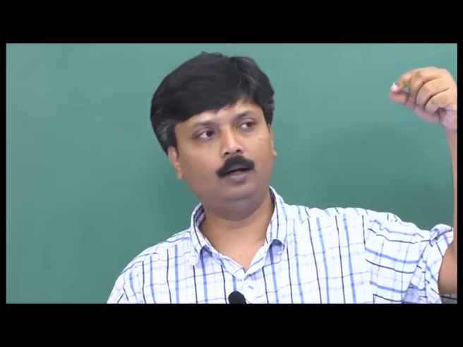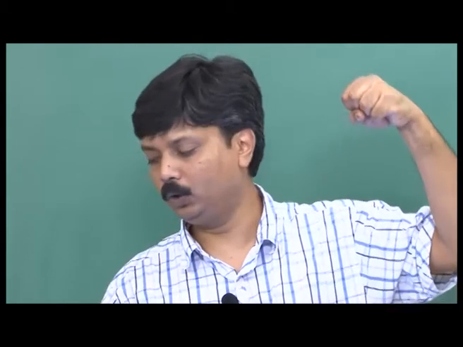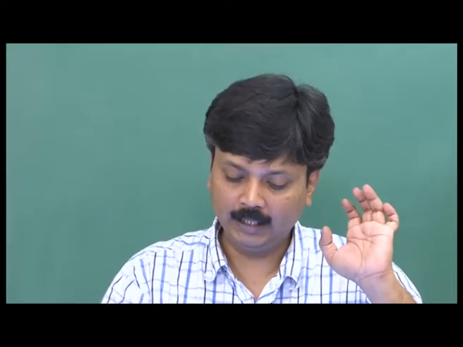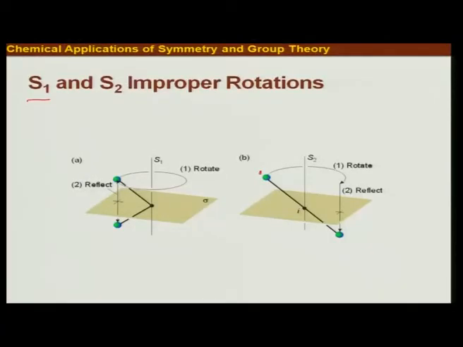So essentially these two operations invert the position of the object which we started with. That means it will have a center of inversion. So S2 is necessarily inversion, which is shown here. We start from this particular point, give a 180-degree rotation, and then reflect it here. I could easily get it through an inversion symmetry. So S2 is nothing but the center of inversion.